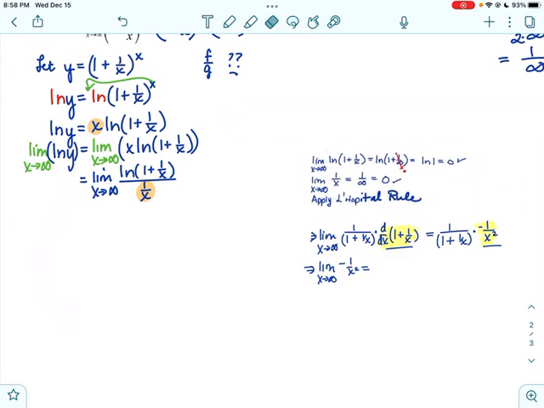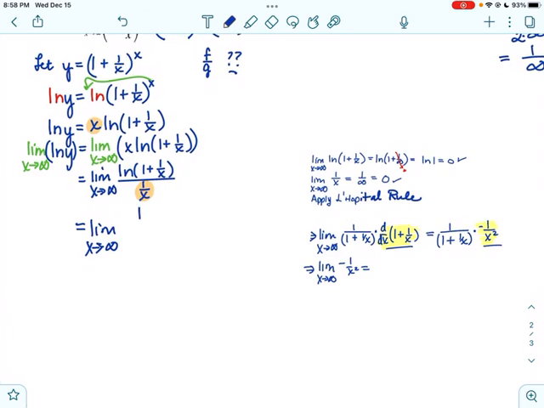We're going to say, how about if we just straight out say the limit as x approaches infinity of 1 over 1 plus 1 over x. So I took the derivative, and now take the derivative of the numerator, and then times negative 1 over x squared, because I have to use chain rule on that. And then in the denominator, I'm going to get negative 1 over x squared. What's convenient about this, once you notice that these two were factors that were the same, you can cancel them.